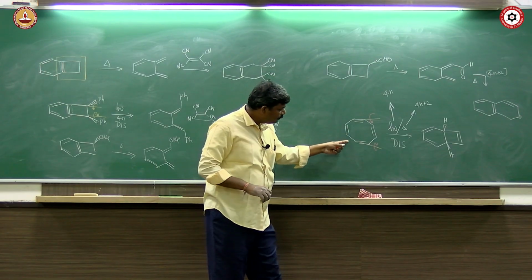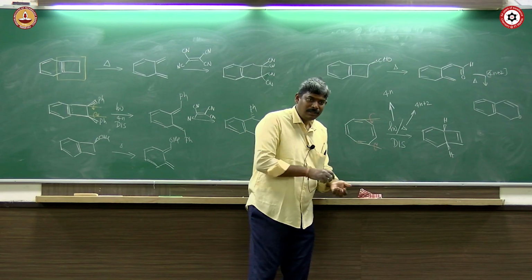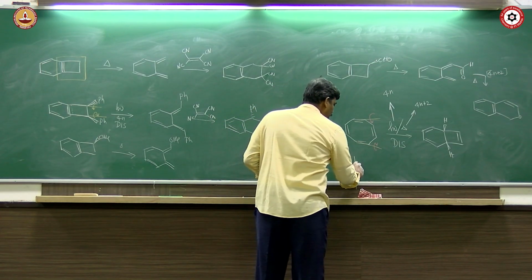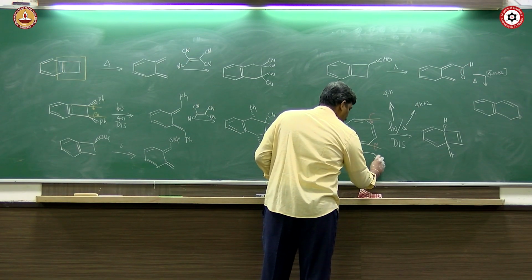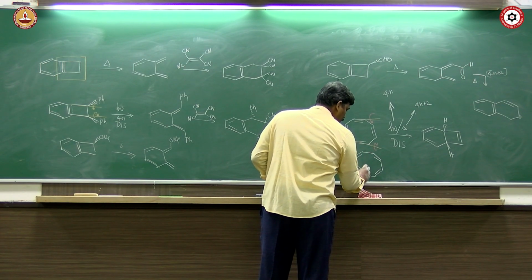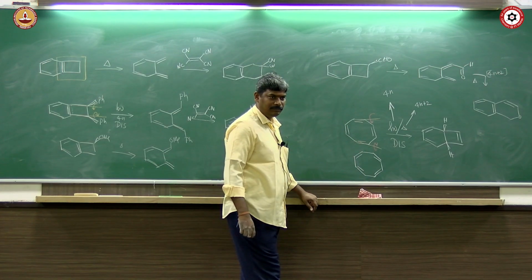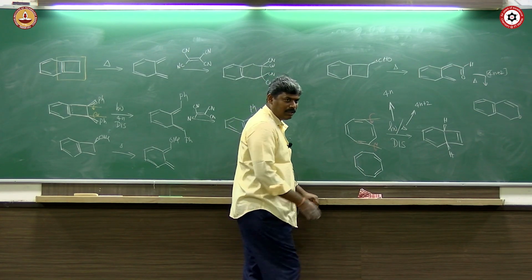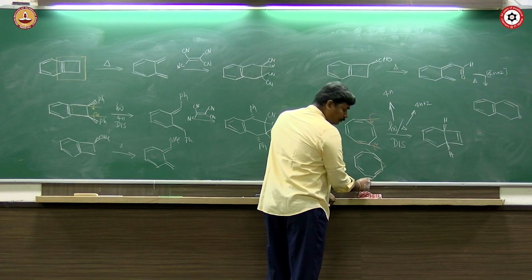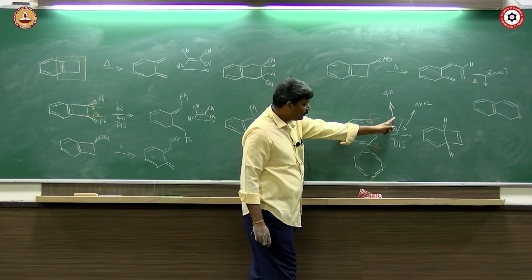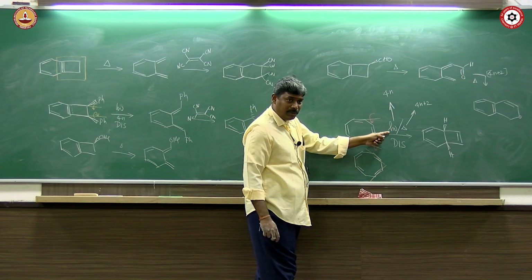If it is a 4N this way, I get this product, right? So I can also redraw this structure, such that now I close a ring here: a 4N system, photochemical.